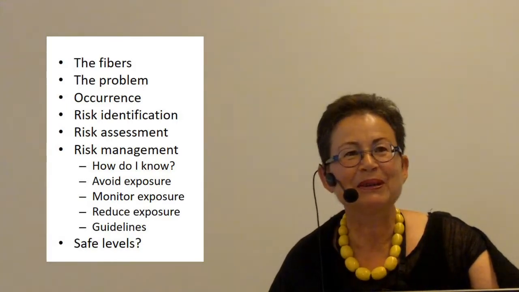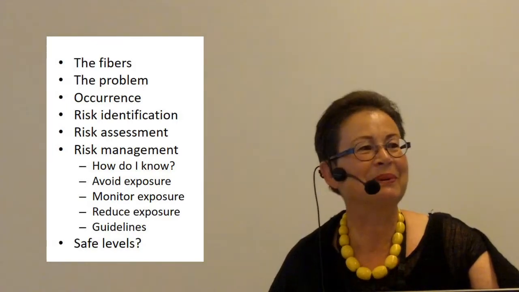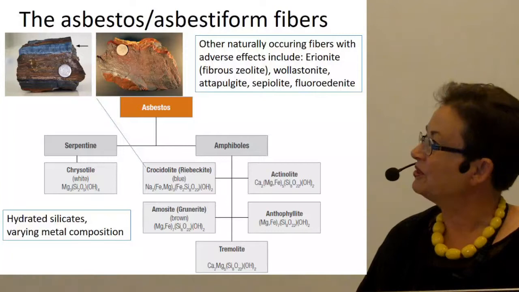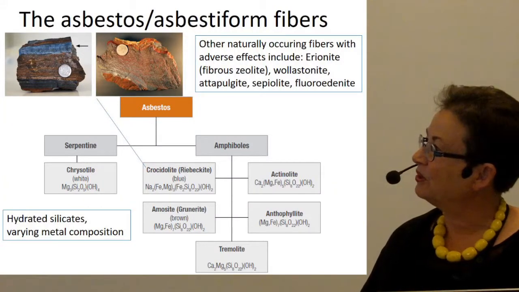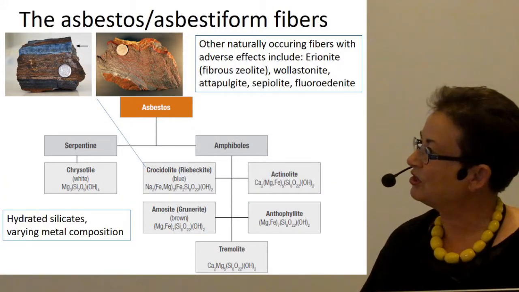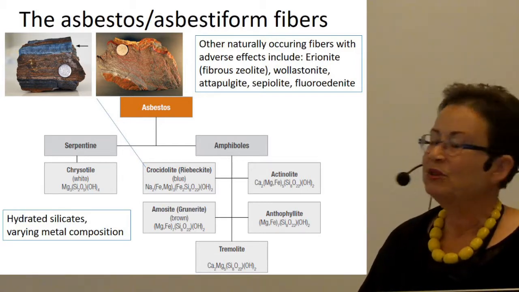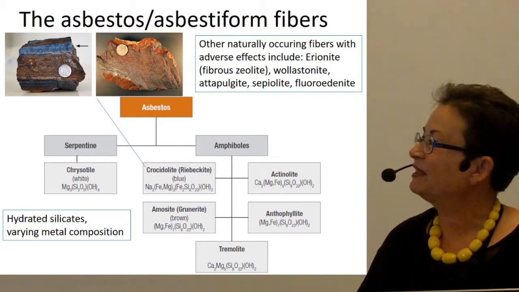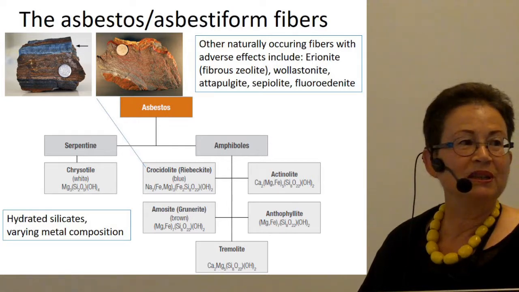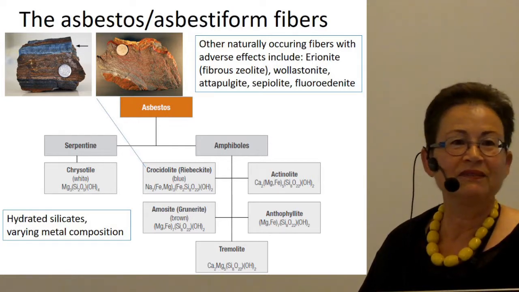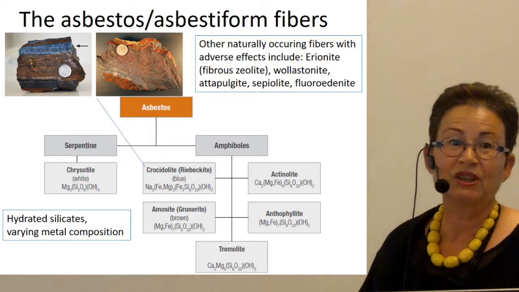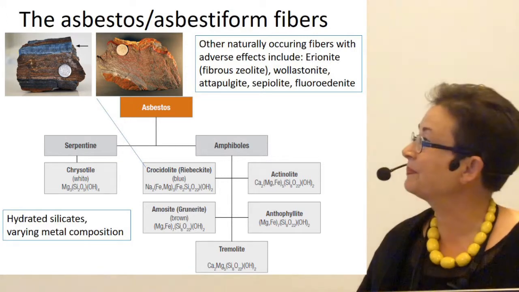So let's start by defining what we are speaking about. The legal definition of asbestos includes one major group of minerals called serpentines, where chrysotile is the most important one, and that's the white asbestos, which has been 95% or so of the global asbestos production for commercial use.